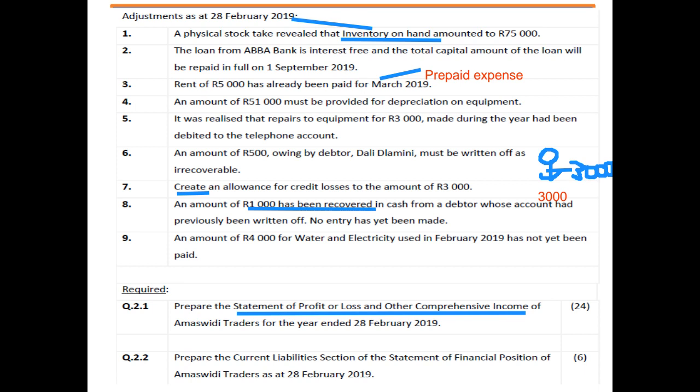What do you think? What happened here? It looks like the 3,000 is already in this 18,000. We have to minus the 3,000 because they made a mistake, ne?